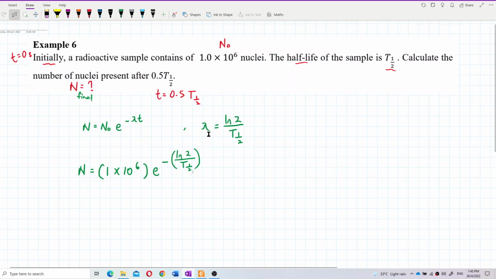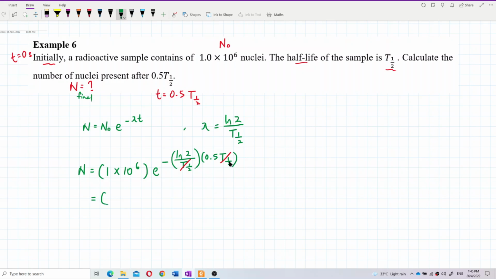My lambda, I substitute with ln 2 over half-life, and my time taken is 0.5 half-life, so I substitute 0.5 half-life for the time taken. To find N at this time, I can cancel the half-life. You can see that I can cancel my half-life, and then I can calculate.